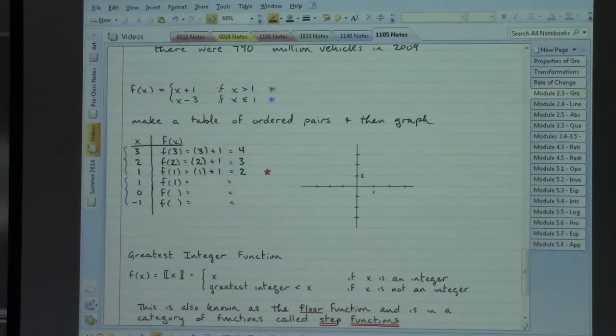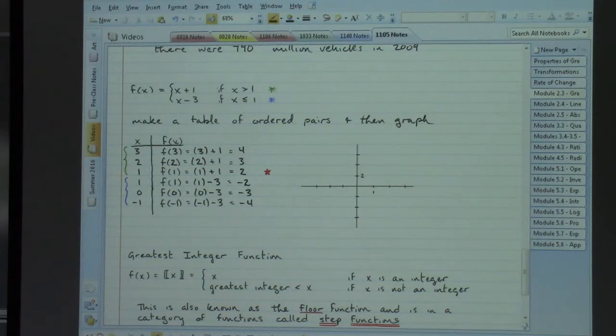But we've got that marked with a red star to make sure that we're careful about how that's going to end up being used when we put our graph together. What we are legitimately allowed to plug in for x equals 1 is the second rule, x minus 3. So that's actually a y value of -2. Plugging in 0, we get a y value of -3. Plugging in -1, we get a y value of -4.